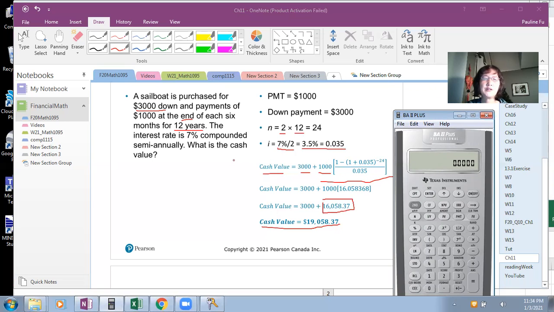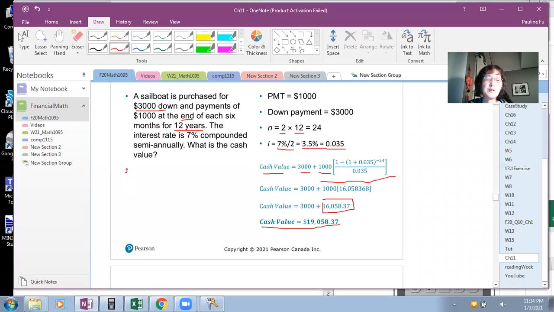We also need to set PY and CY. Make sure your calculator is in end mode. PY represents the number of payments per year. In this case, it is 2. Every year you make 2 payments. CY is the number of compounding periods per year. Interest is compounding semi-annually, so in 1 year you convert interest 2 times.